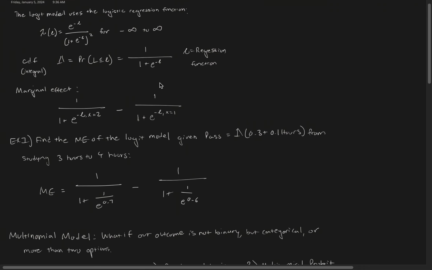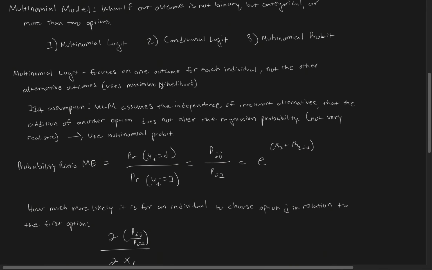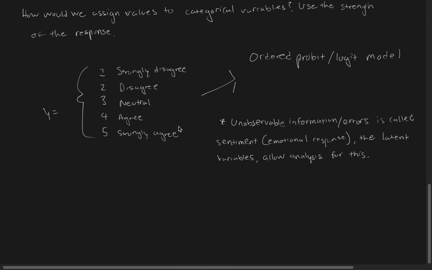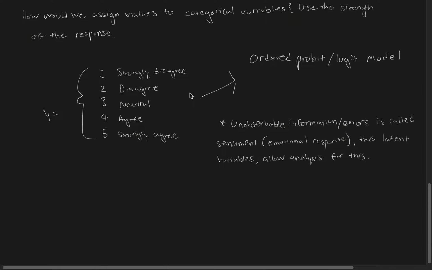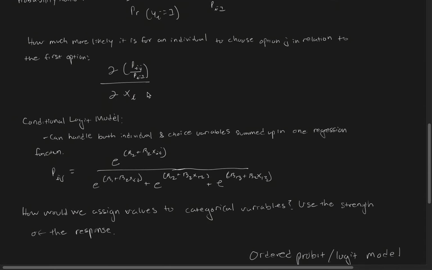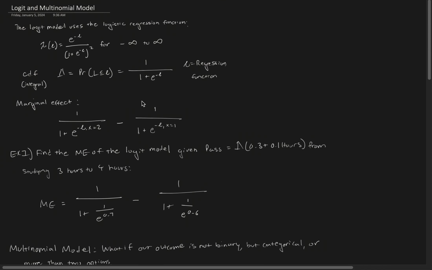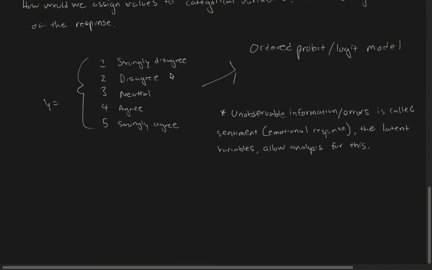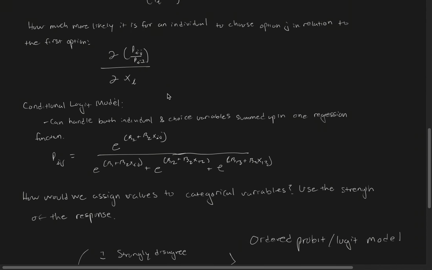But that's all I have for the logit models and the multinomial models. This is the ninth video I've covered in this 104 series on multivariate regression, and that's all the lectures I'm going to do for this series.